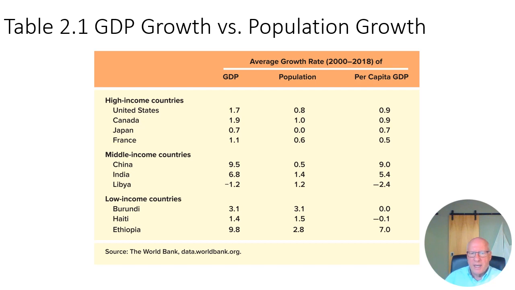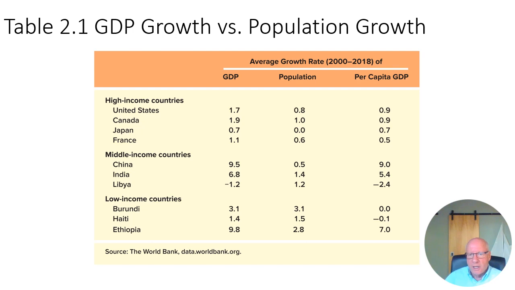Now let's look at some really low income countries. Let's just use Haiti and Ethiopia. Haiti has a very low growth rate of their economy. They have not a super high growth rate of the population, but a pretty significant growth in the population, and that leaves them with declining by 0.1% per year in income per person. Look at Burundi. Burundi has a growth rate of their economy more than twice the speed of Haiti's growth.